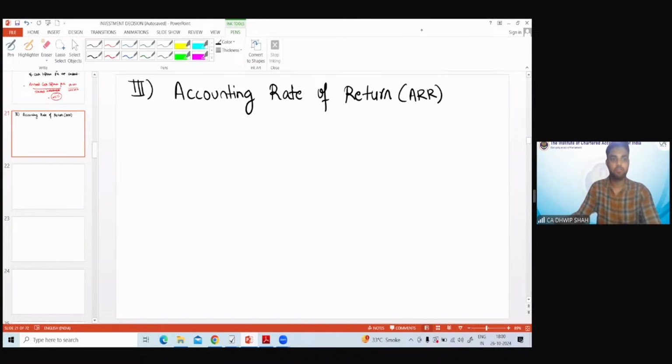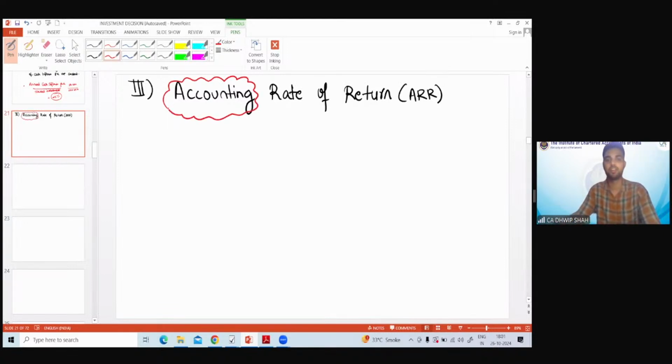So today we will move ahead and we will start with the third technique called accounting rate of return or the book profit rate of return. See, in this technique, you have to focus on this word, accounting rate of return.